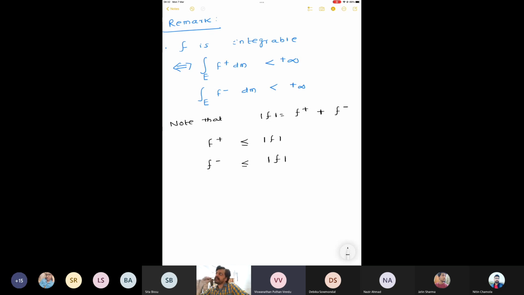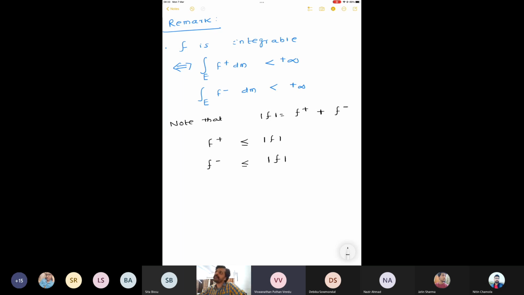If f and g are non-negative measurable functions and f is less than or equal to g, you can easily see that integral over f is less than or equal to integral over g by using simple functions. Is that clear? Therefore, integral over f plus will be less than or equal to integral over mod f, and integral over f minus also will be less than or equal to integral over mod f.